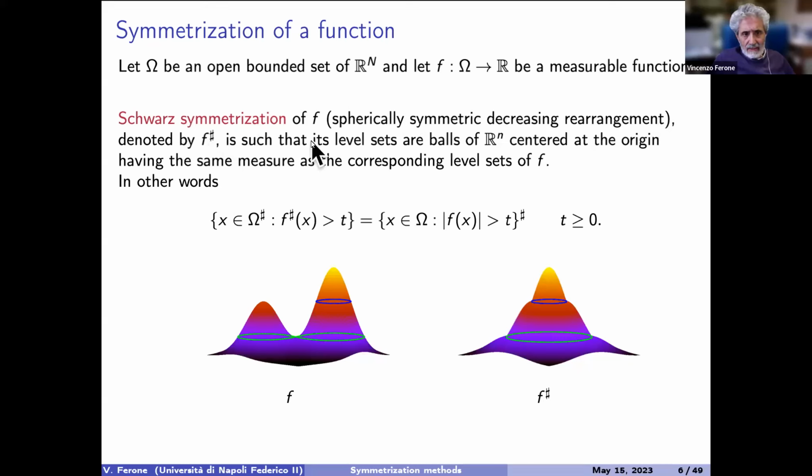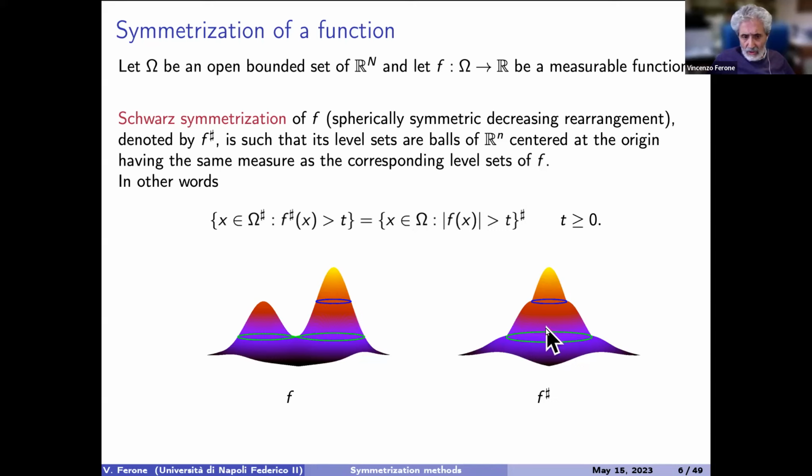It is such that its level sets or super level sets are balls centered at the origin, having the same measure as the corresponding level sets of F. So this means that the level sets of F sharp are obtained as the symmetrization of the level sets of the modulus of F. So we symmetrize level sets.